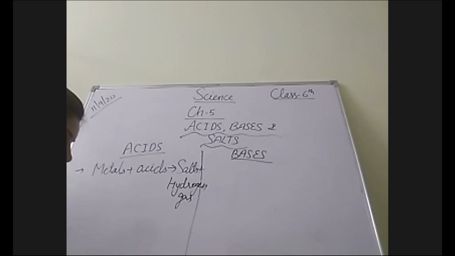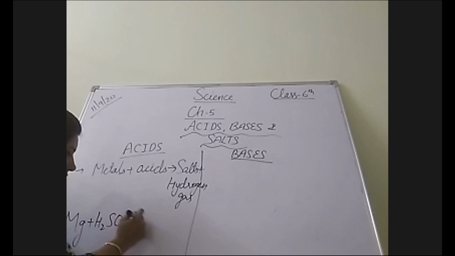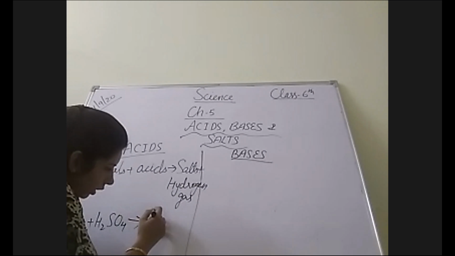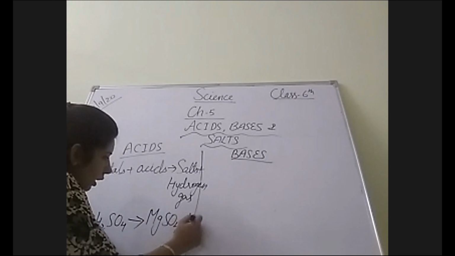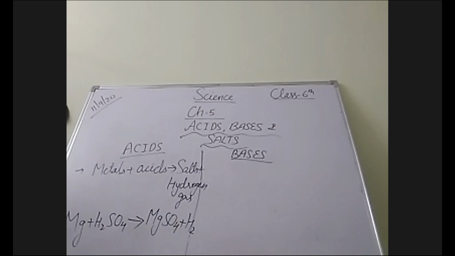If I want to give a reaction for this, say magnesium reacting with sulfuric acid, then it will provide me the salt magnesium sulfate, and hydrogen gas will be evolved with this.